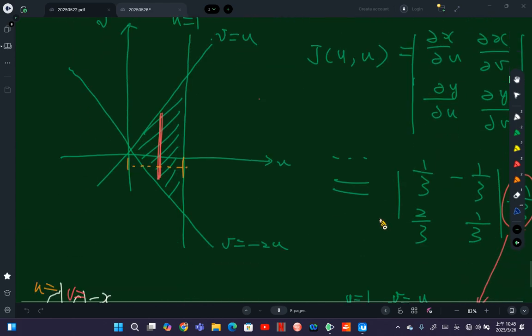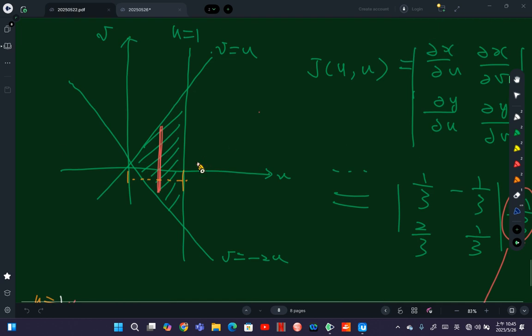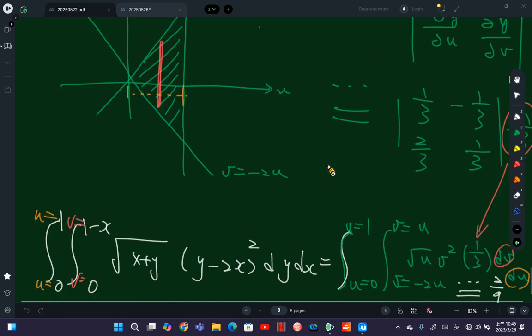So finally, you will face the region as this one, so that we try to simplify the original integration like this one. You can use u and v to replace these 2 complex forms. Then don't forget you need to add in the Jacobian here.